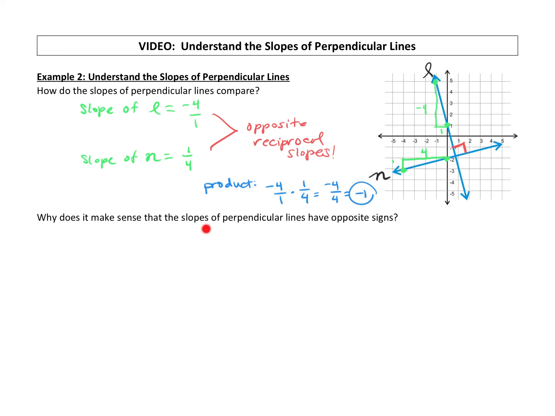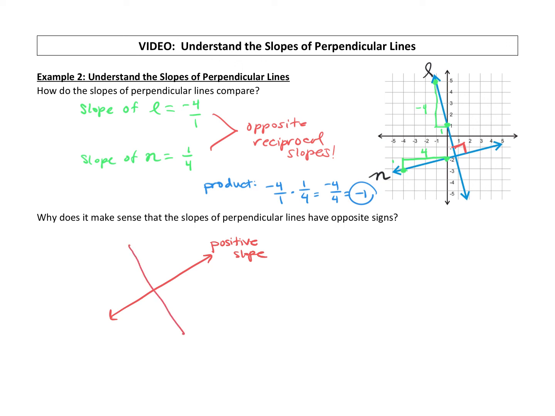Why does it make sense that the slopes of perpendicular lines have opposite signs? Well, if one line has a positive slope, so there's my positive slope, in order for the other line to intersect at a right angle, it must have a negative slope.